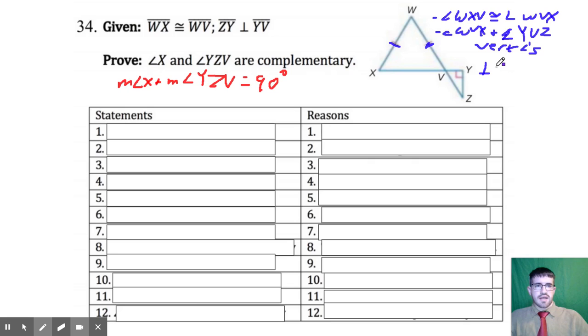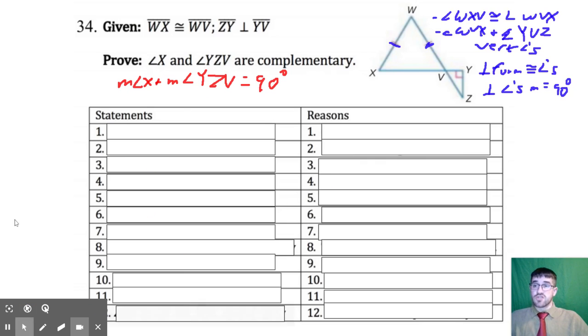We know that perpendicular lines form congruent angles, and that perpendicular lines also have angle measurements equal to 90 degrees. So looking at this, we have some congruent angles, we have vertical angles, we have perpendicular lines. Given that we're trying to prove that two angles are complementary, I think we have a good start to move forward.